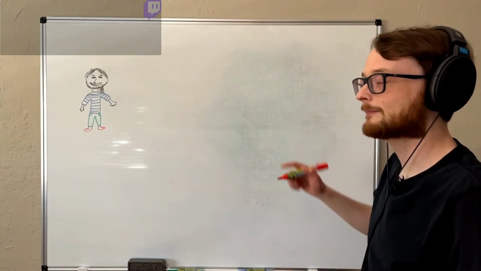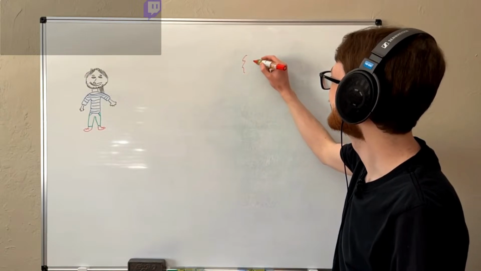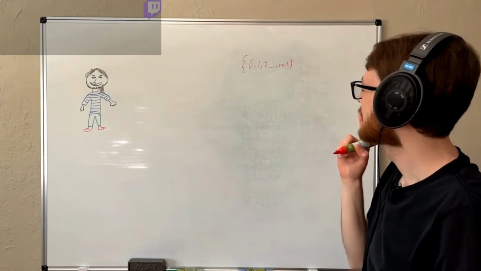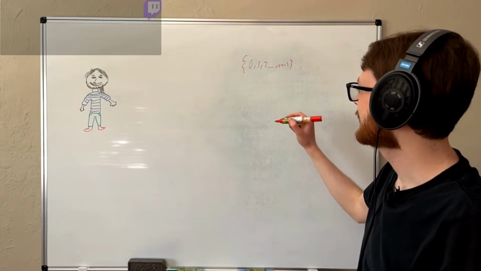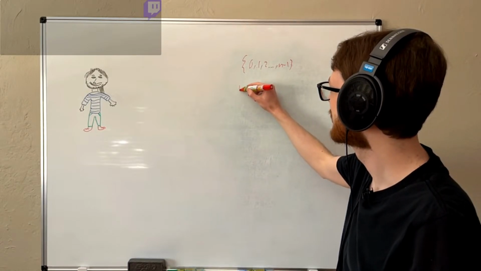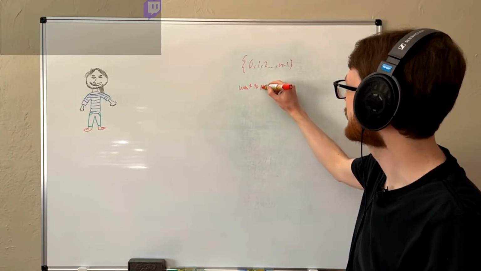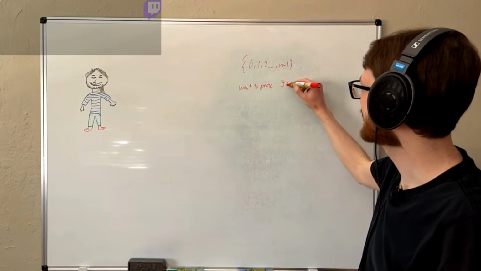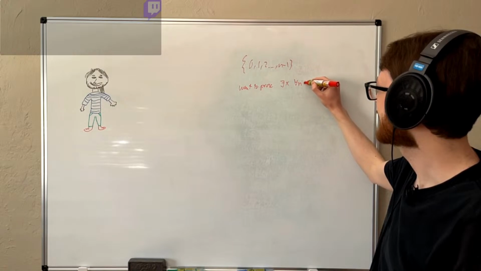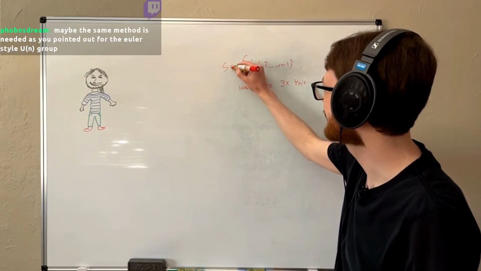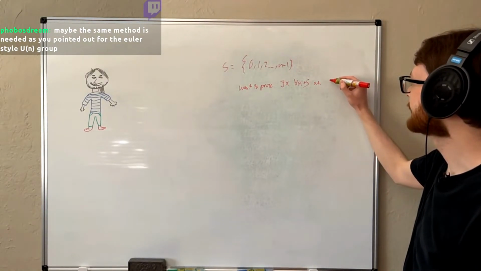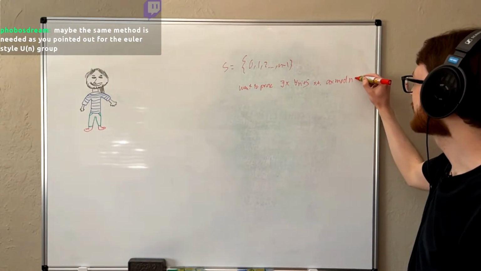I think if we have 0, 1, 2, dot dot dot, n minus 1, and we want to prove that there exists an x for all a in, I guess, that group, I don't know what we call it, S? Probably a bad name. Such that ax mod n equals 1.